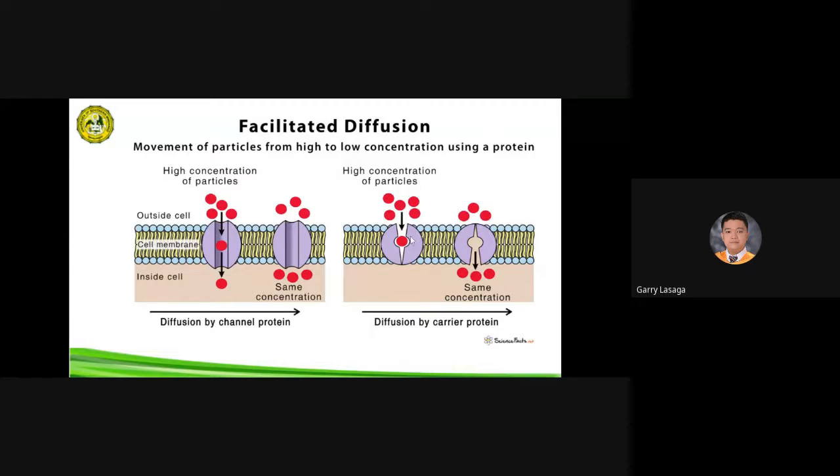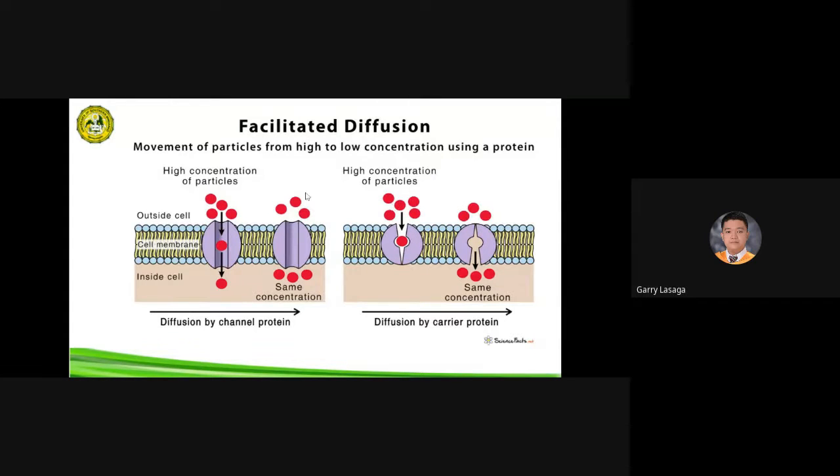The difference between the two is that for a carrier protein, in order for the molecules to enter the cell, there is a change in the shape of the protein to accommodate the shape of the molecules.